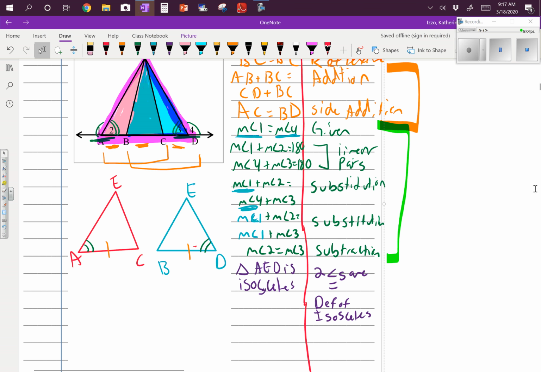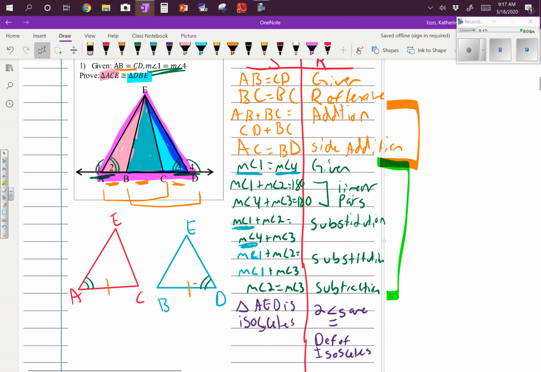We already have the two angles, so it can't be two angles. Is there another thing isosceles gives us? Two sides. Okay, so it needs to be two sides are equal. That would be this side and this side. Yes. AE equals ED.